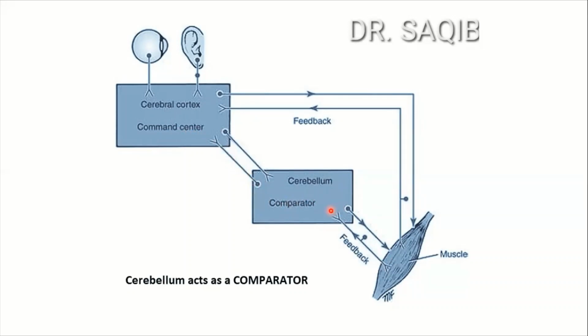The function of the cerebellum is that it stimulates the antagonist muscles and inhibits the agonist muscles to make the movement very smooth and controlled. I will explain it still further.